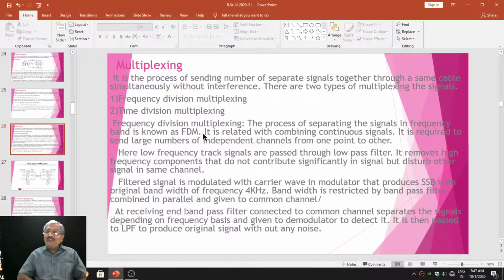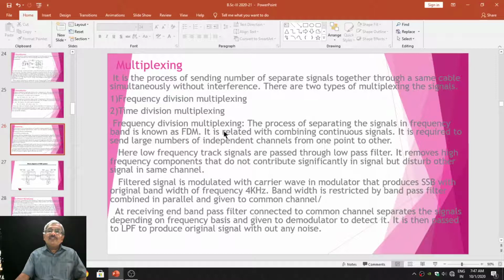Within the given bandwidth, some space is allotted for almost all the channel frequency signals, and then those are transmitted from the transmitter toward the receivers. This process we call frequency division multiplexing.